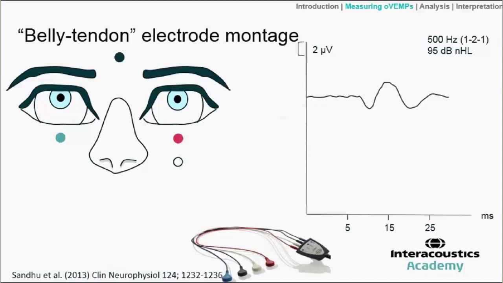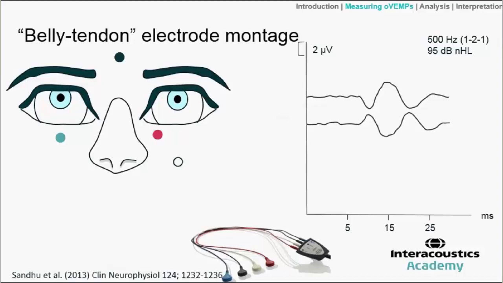And what we saw, we can see on the right the corresponding VEMP, the grand average from those 8 people. But then what they did was they systematically moved the electrode around the orbit of the eye, and we can see here in one of those positions where it's moved towards the middle, the polarity of the VEMP switches.